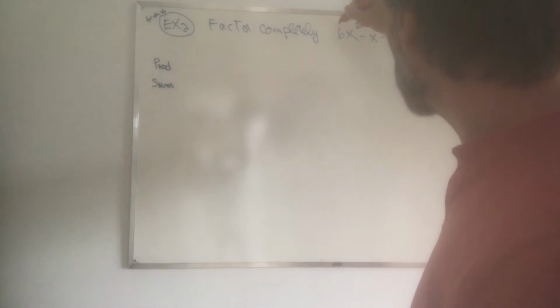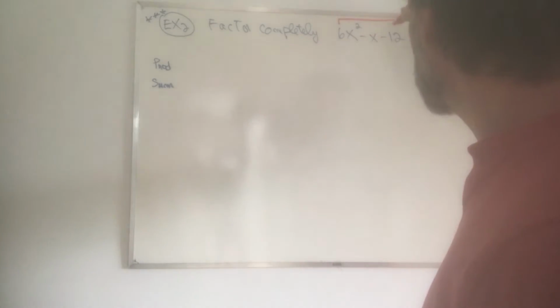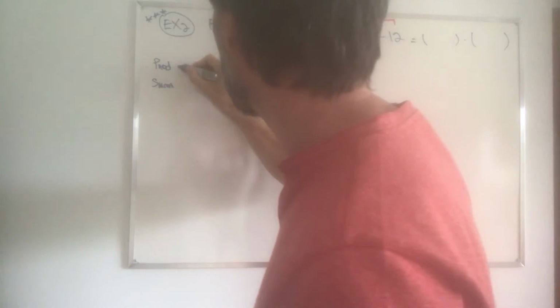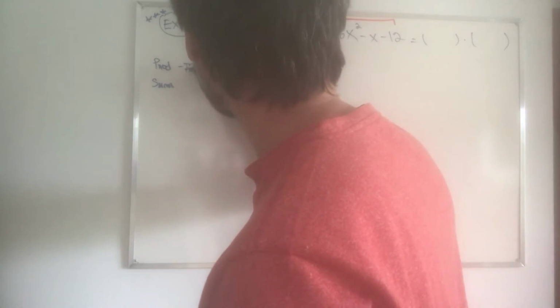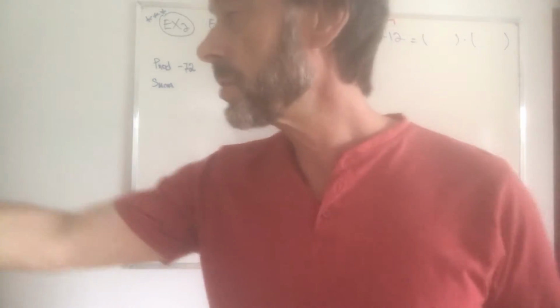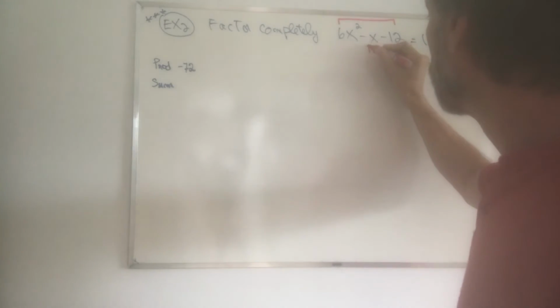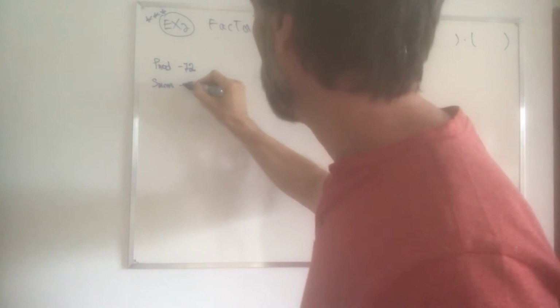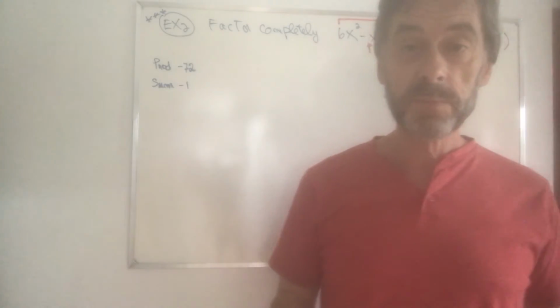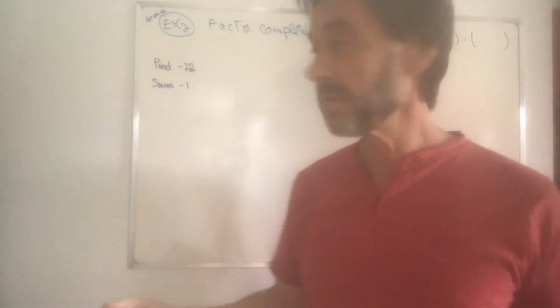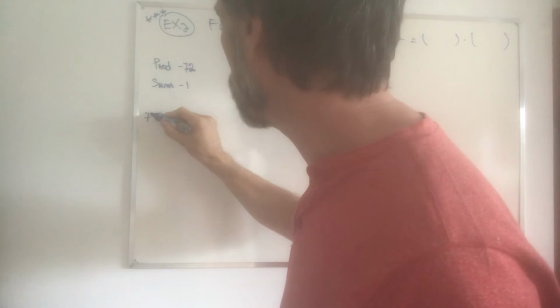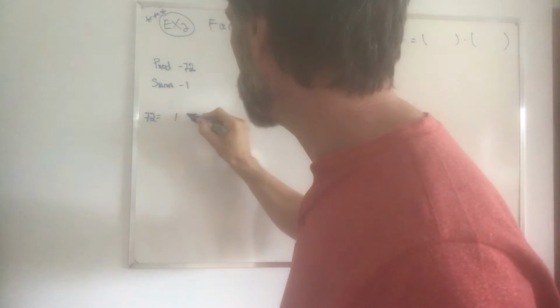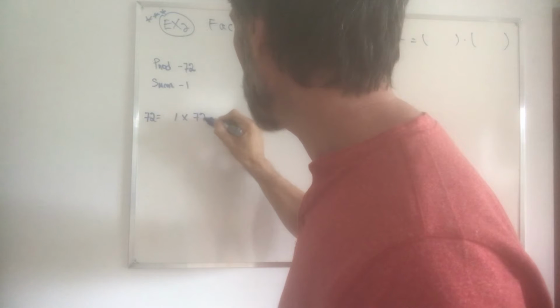So product, looking for 2 numbers whose product is 6 times minus 12, so minus 72. And those 2 numbers should have a sum of the coefficient of x, which is minus 1. So basically what I'm going to do there, I'm simply going to list the factors of 72. What is 72 equal to? So it's 1 times 72.